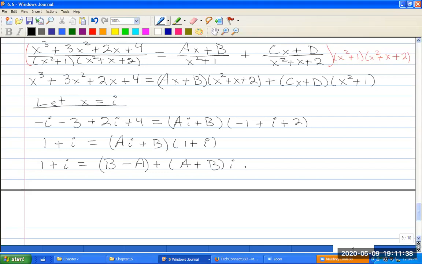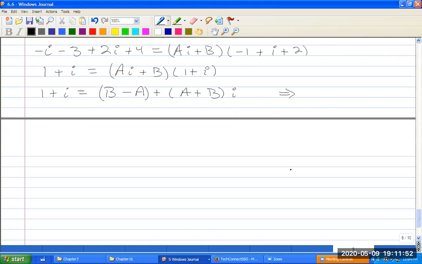So from this, I get that the real and imaginary parts must be equal. So I get that B minus A is 1, and B plus A is 1.